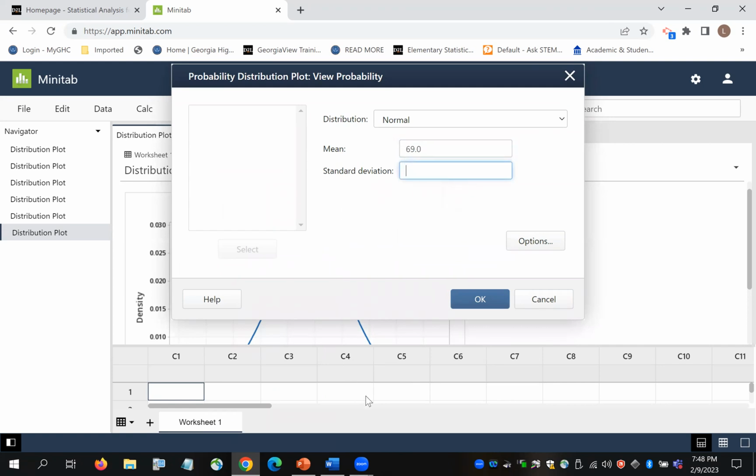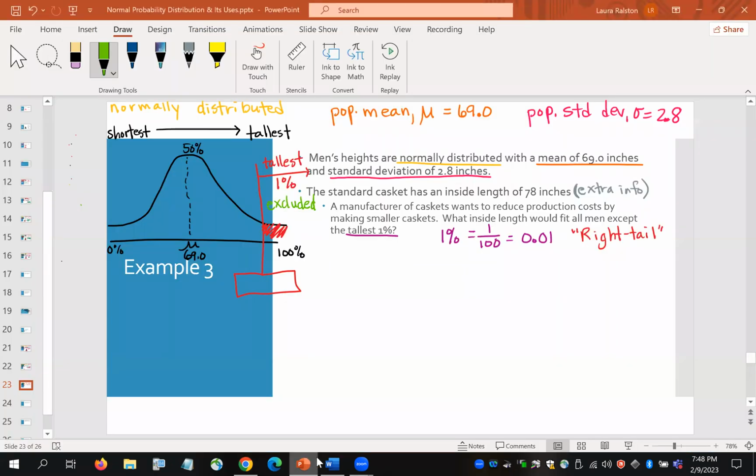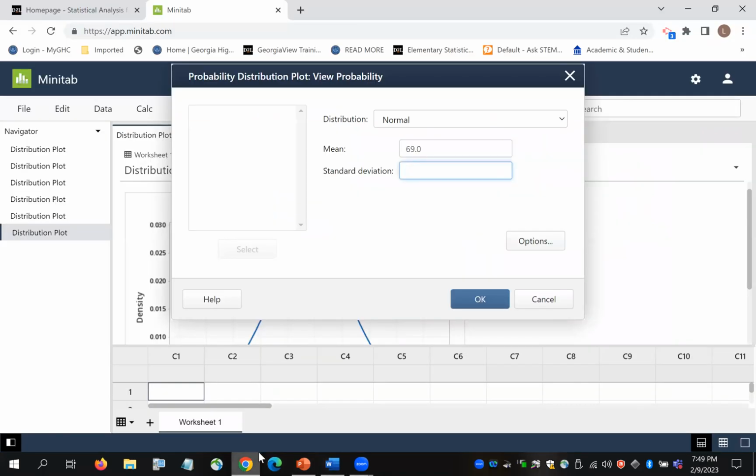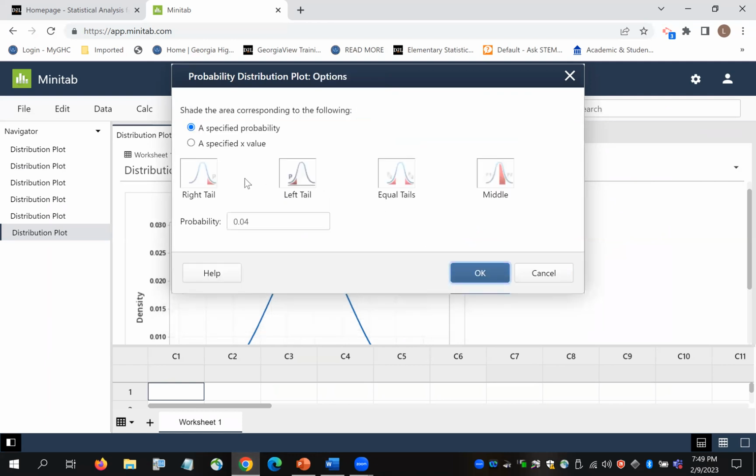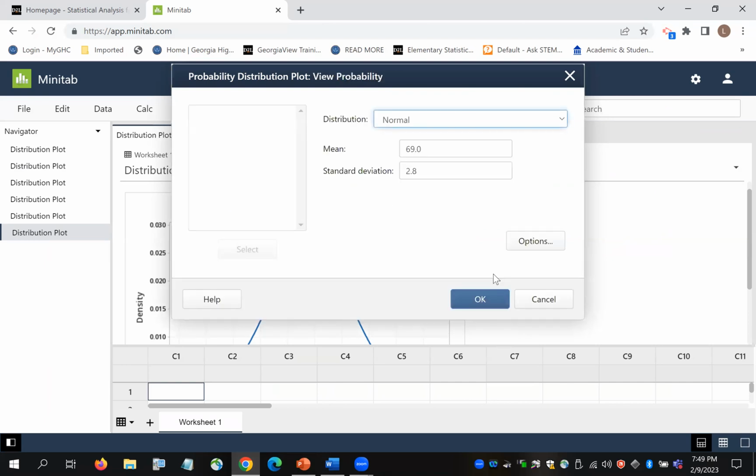My standard deviation was 2.8. Options, we have a specified probability. This time it's a right tail and it's 1%. I click OK.